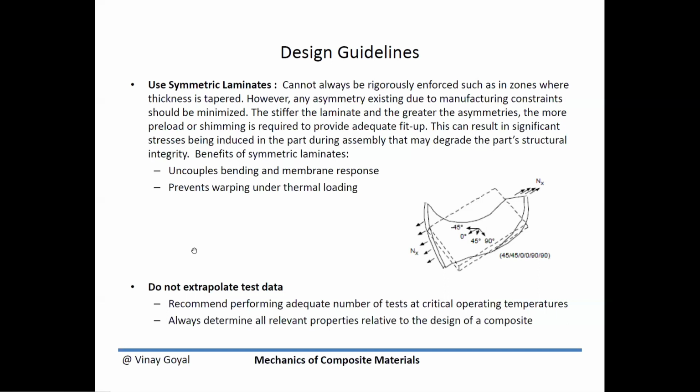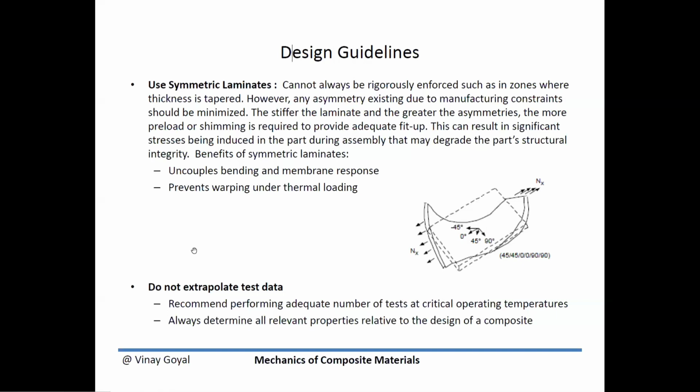Another thing I want to point out is there is this tendency of wanting to extrapolate test data when it comes to composites, but sometimes the testing is going to show that the strength or the modulus may not correlate linearly with temperature or moisture. And so you want to be careful because there could be a cliff.